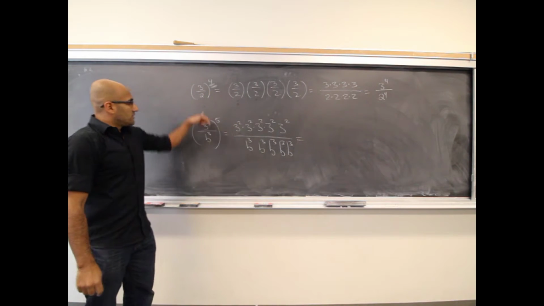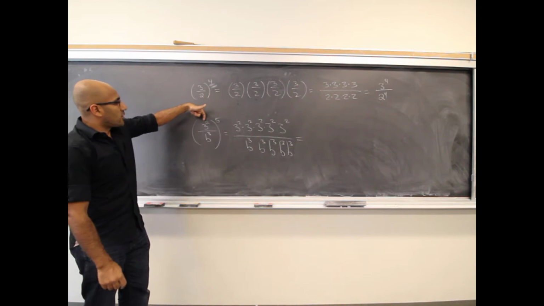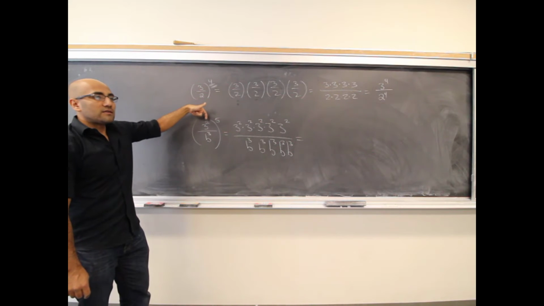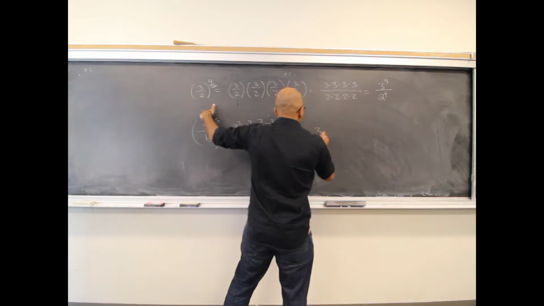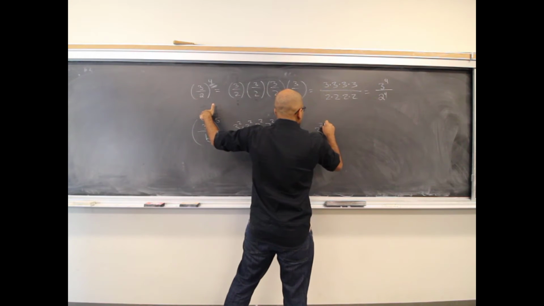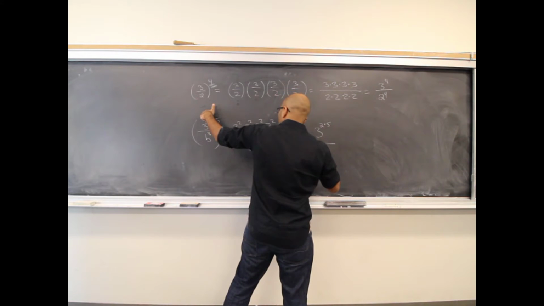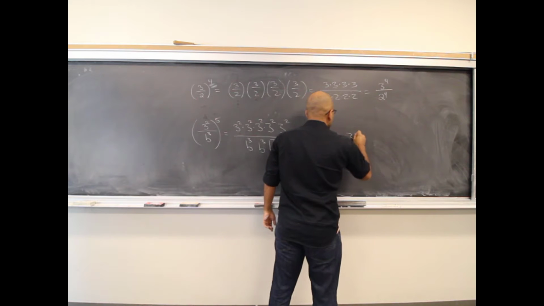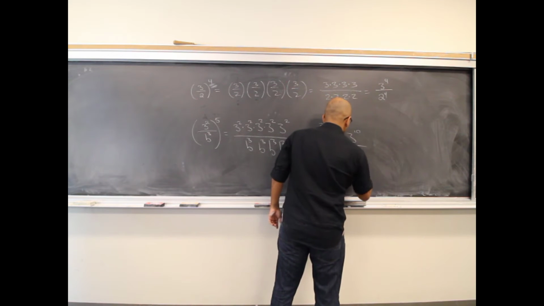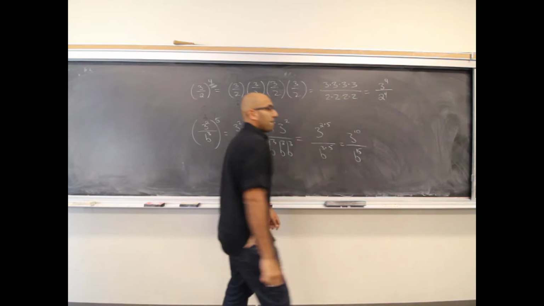Too much work, right? Or we could just recognize that all we have to do is multiply these. So this is equal to 3 to the 2 times 5, all over b to the 3 times 5, or 3 to the 10th power all over b to the 15th power.